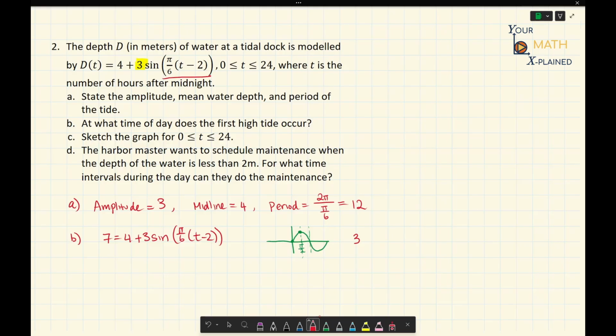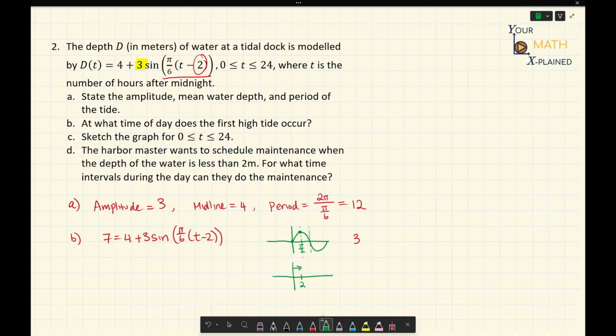However, we also have a phase shift. So our phase shift here is 2. So if our p-value is 2, then that means we have now shifted the graph 2 units to the right. So which means instead of our sine graph starting on the origin, so let's go ahead and draw another one, we're now going to be shifted 2 units over to the right.